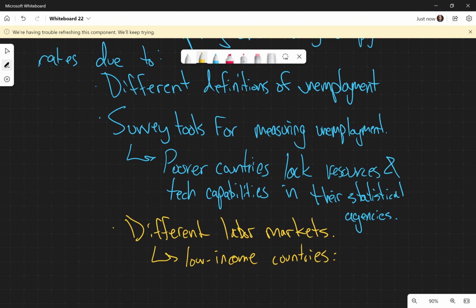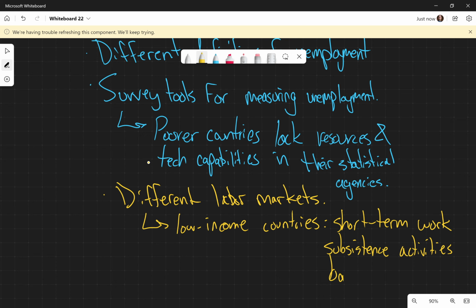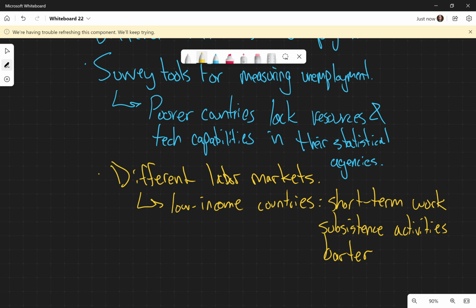In low-income countries, there's a lot of short-term work, subsistence activities, barter, and all of this is kind of under the umbrella of the informal economy. The informal economy is any type of economic activity that is not reported to the government.